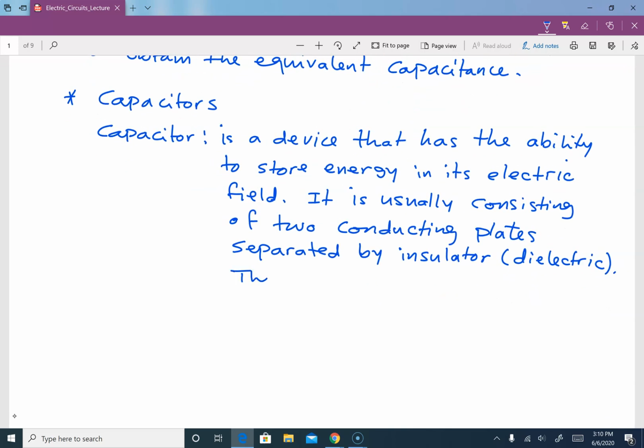So the most popular dielectric material is what we call mica.